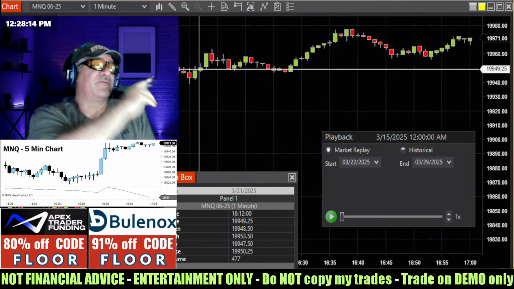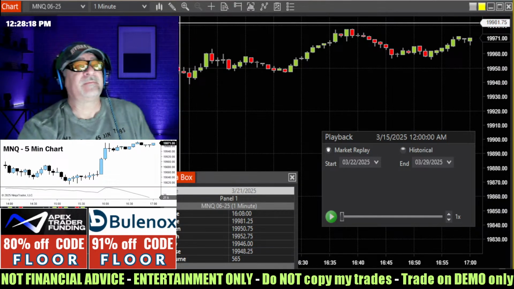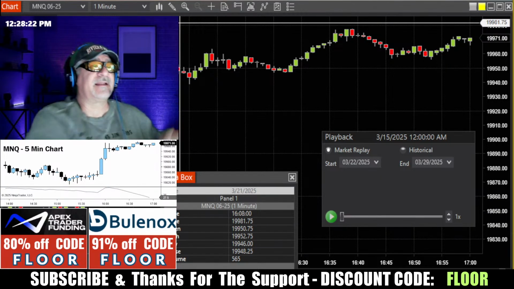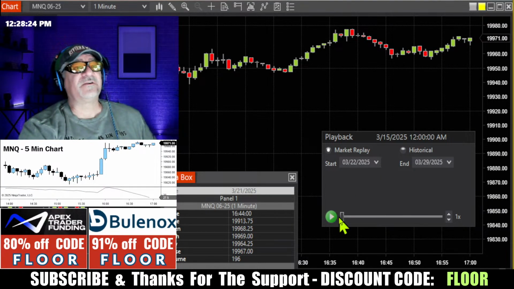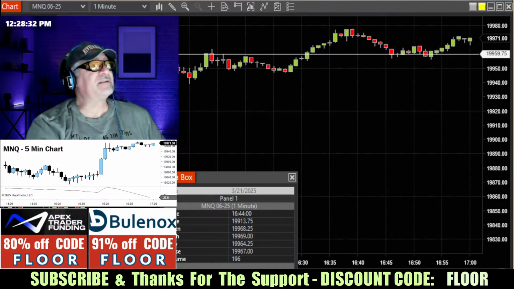If you want to look at the 1st to the 9th, make your start day the 10th. And then because your start day is the 10th, when you're back testing, your back data gets loaded automatically. You don't have to click play, market replay, and let the chart play out. It's already there. I think that's a good explanation for those people lucky enough to be watching at this exact moment.